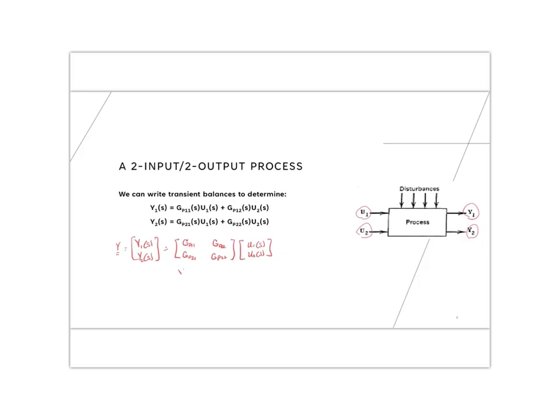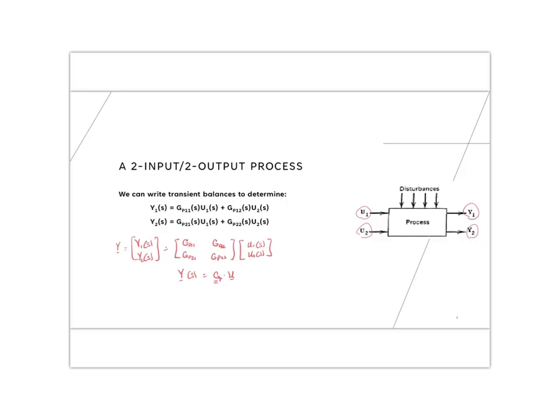Okay? And we can write this in a shorthand notation that Y of S, this is a column matrix, so it gets one underline, it has one dimension. And this is equal to GP, which is two-dimensional, times U, which is one-dimensional. So we have this.